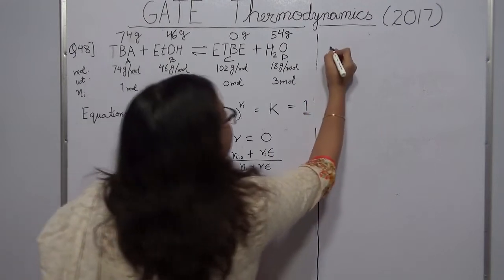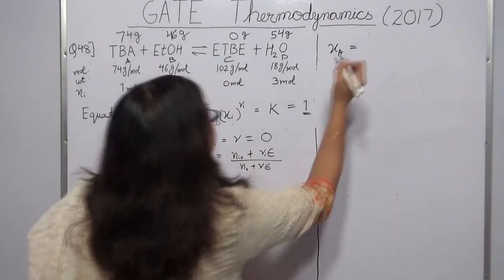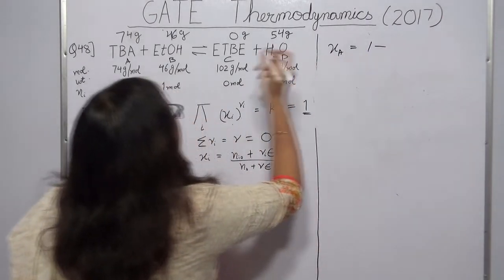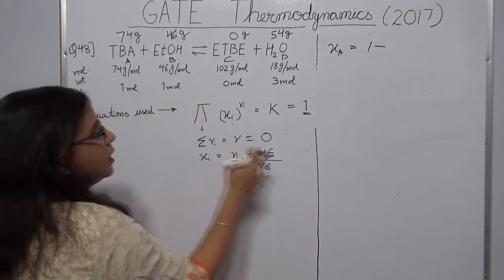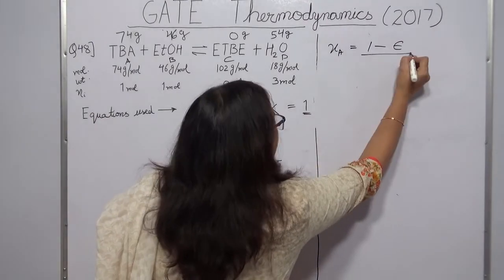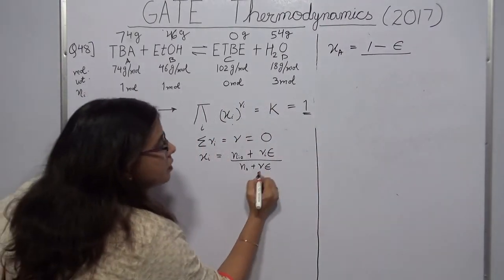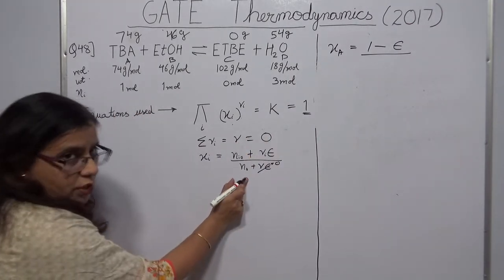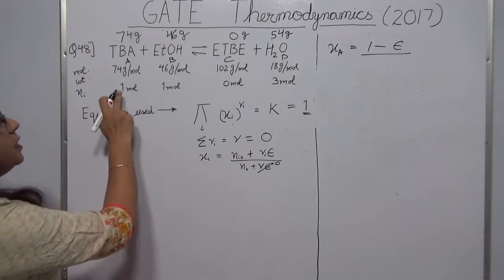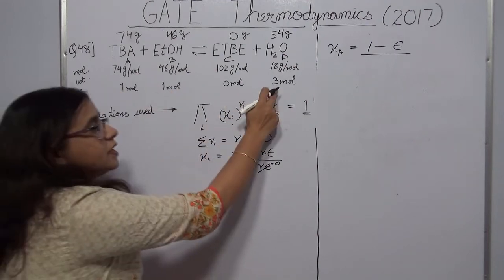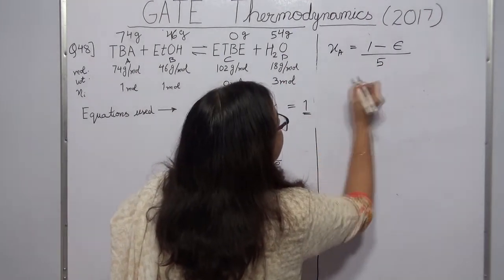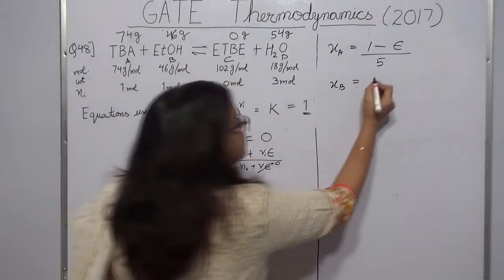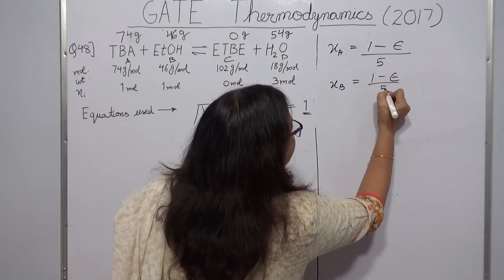Then I can write the mole fraction xA, that is equal to initial number of moles 1 minus, because nu is minus 1 over here, epsilon upon, this term goes to 0 because your nu is 0, divided by the total number of moles initially present, 1, 1, 2 plus 3, 5, so it is divided by 5. Similarly, your xB will be equal to 1 minus epsilon divided by 5.